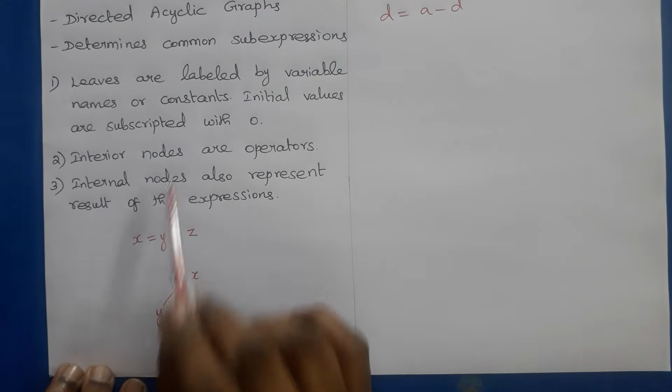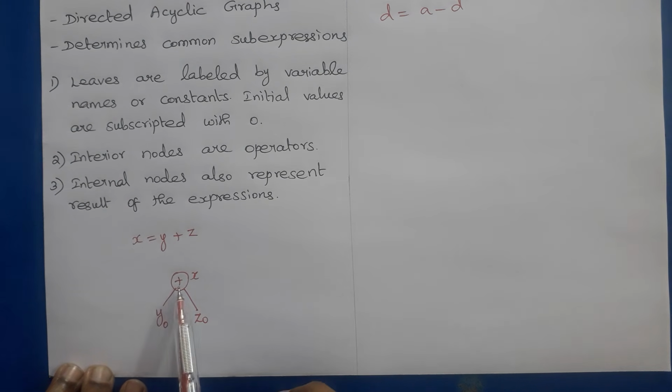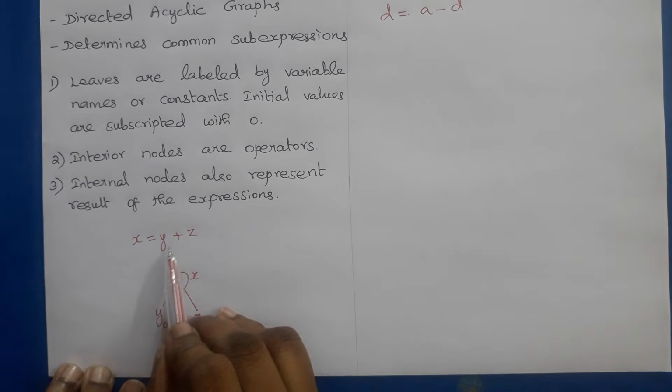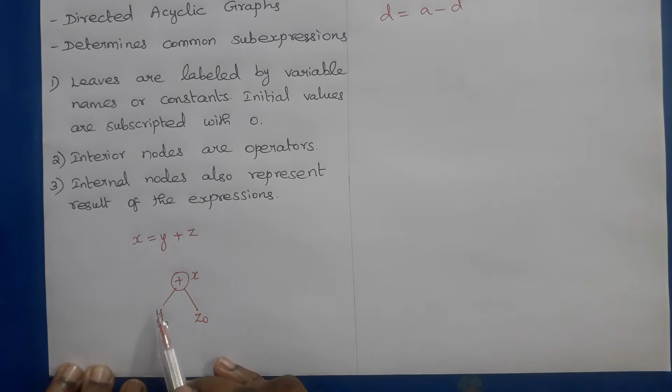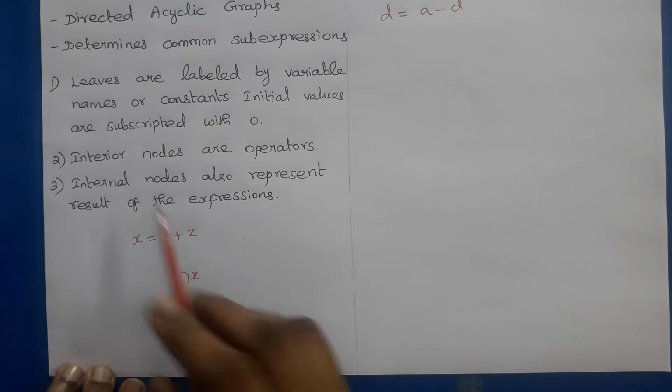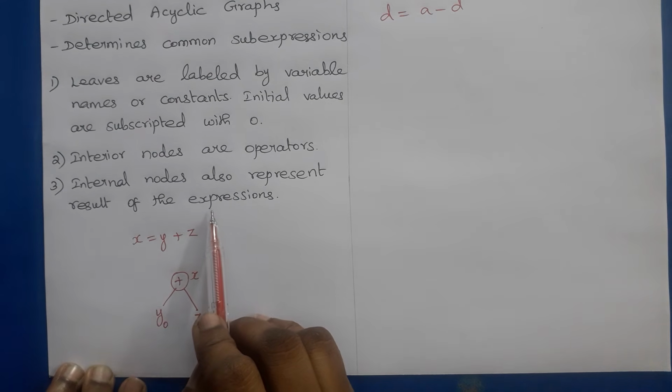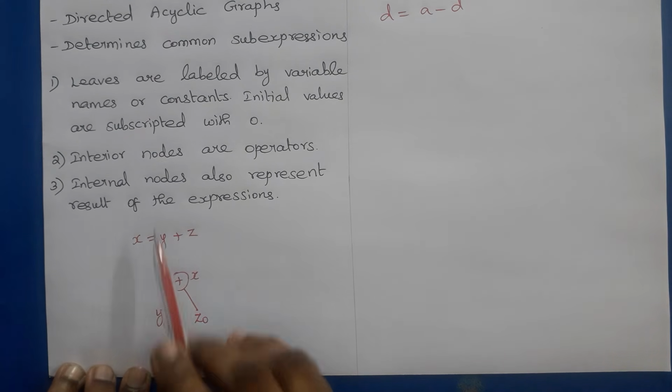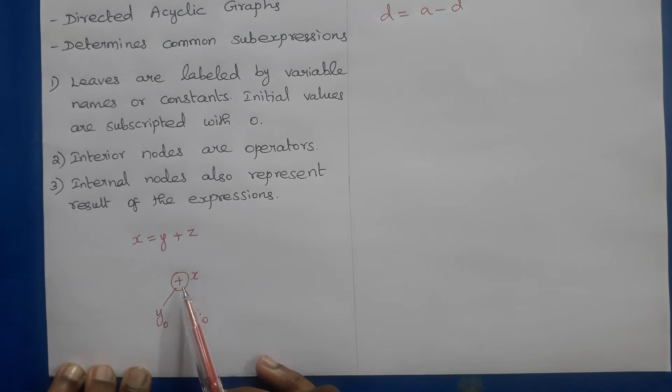As per the second rule, the interior node is plus, and its left child is y naught and right child is z naught, because y and z are the initial values, so they should be subscripted with 0. Then the result must be indicated in the internal node. Here the result is x, so this plus is labeled with the identifier x.